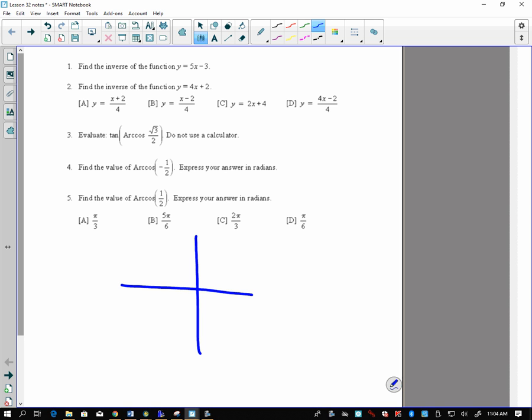So, adjacent-wise, am I going to be left or right of the y-axis? Left, right? Because it's negative 1. Okay, so we're at negative 1, and my hypotenuse is what?